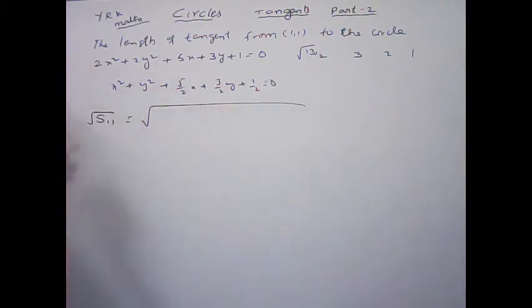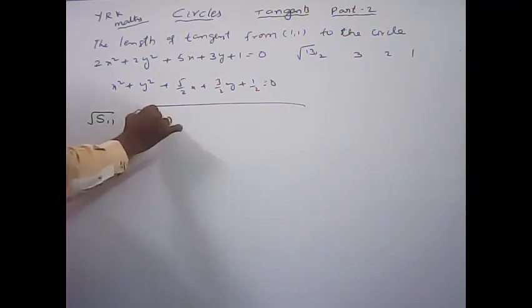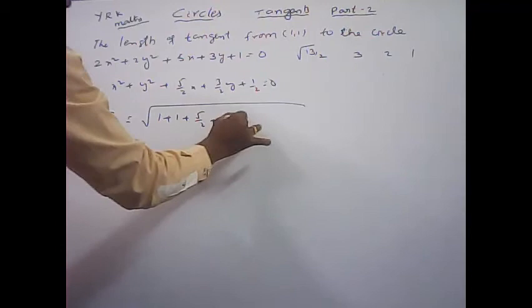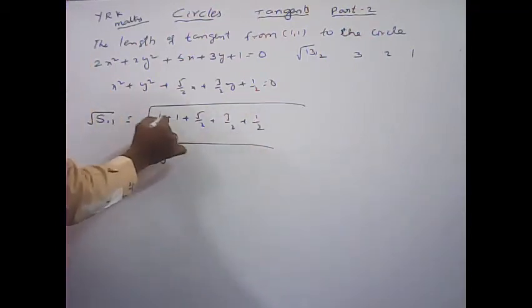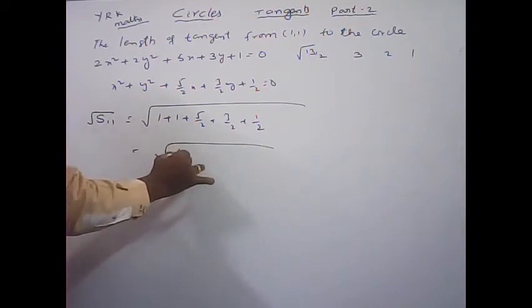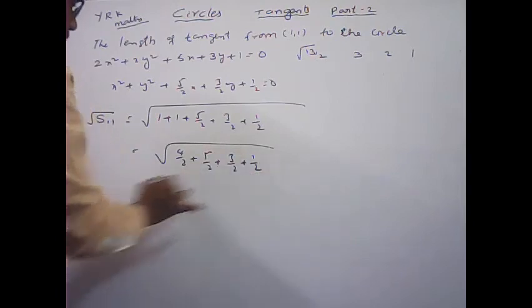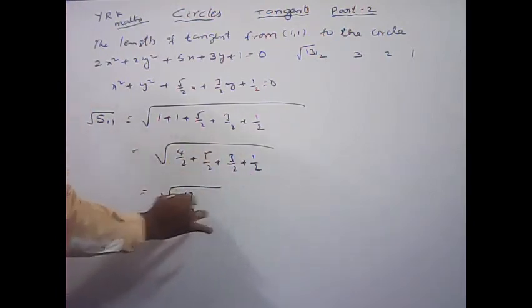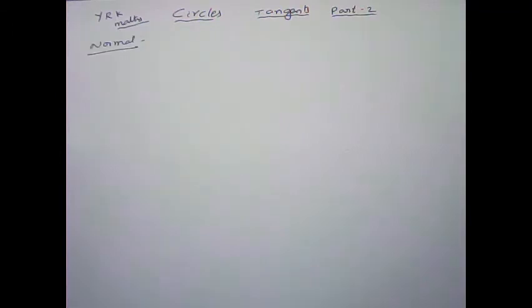How to get that? In the place of x comma y, you can substitute the coordinates of that point directly: 1 plus 1, that is 2, 2 we can write as 4 by 2 also, plus 5 by 2 plus 3 by 2 plus 1 by 2, that is equal to 13 by 2. So the first option is the length of the tangent from that point to the given circle.